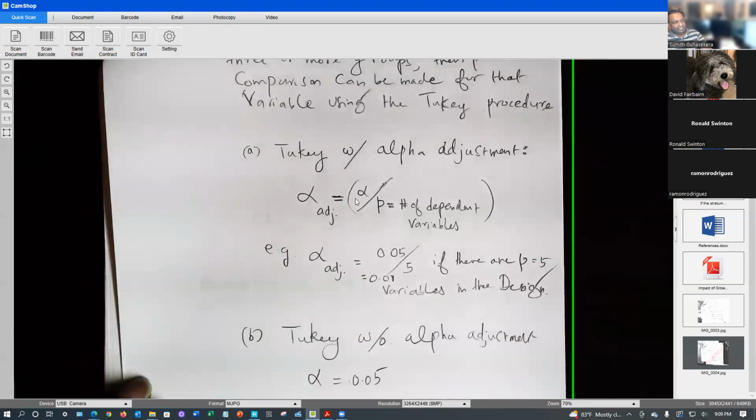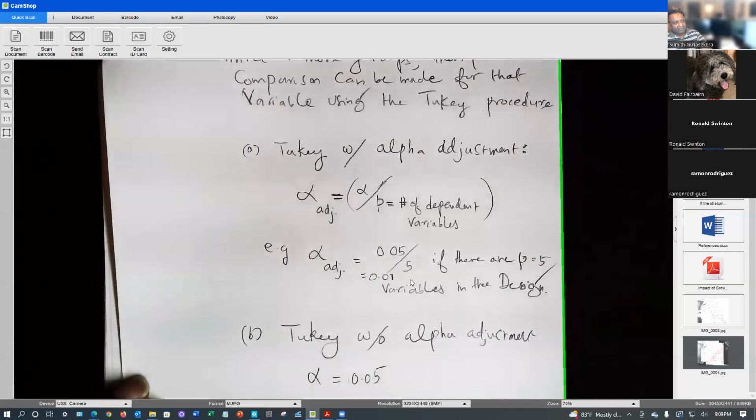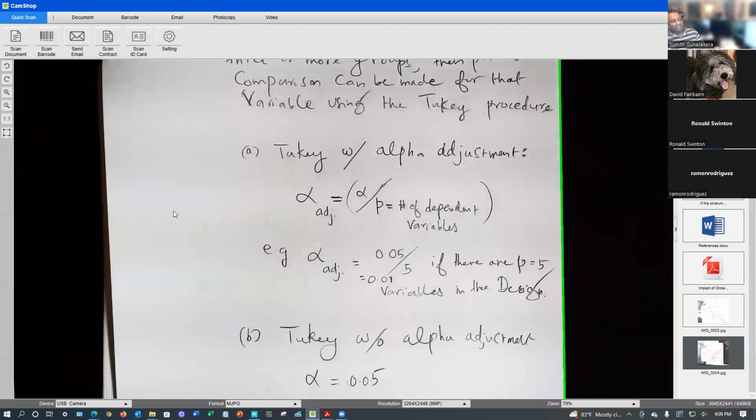That means you're going to take alpha divided by the number of variables available. This is not the Bonferroni. Bonferroni we do a different way: you see how many pairwise comparisons are done. Let's say you have 5 groups, and you do the comparison 2 at a time.